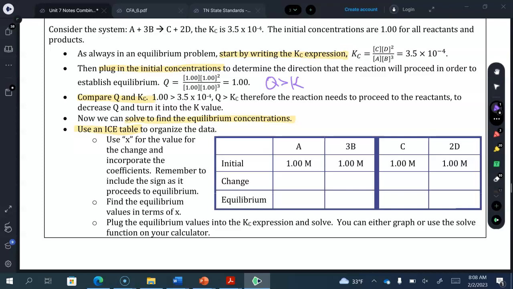Using an ICE table, we are going to organize the data. So we put in all of our initial concentrations. We are going to use the value X for the change and incorporate the coefficients. Remember to include the sign as it proceeds to equilibrium. Since we're going towards the reactants, that means we are going to make or add reactants and use up products. And then we bring down our coefficients.